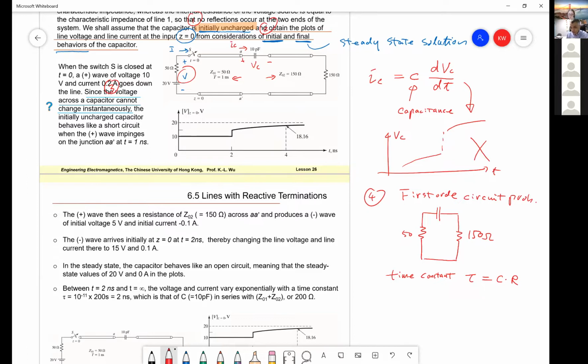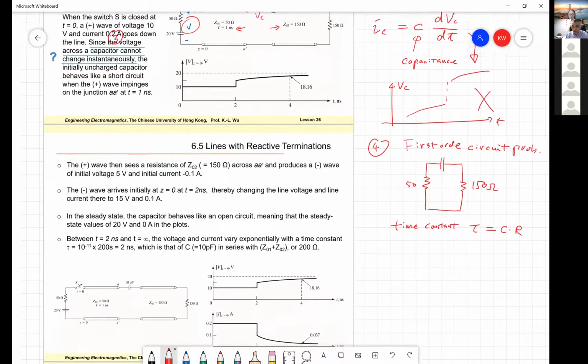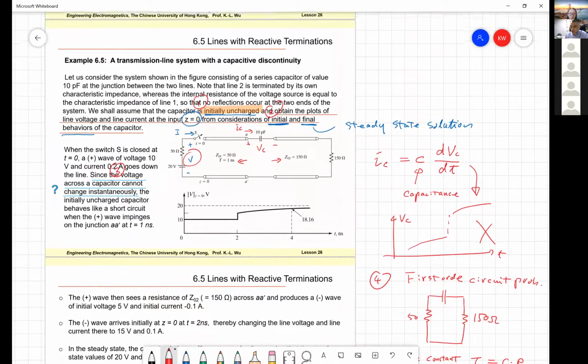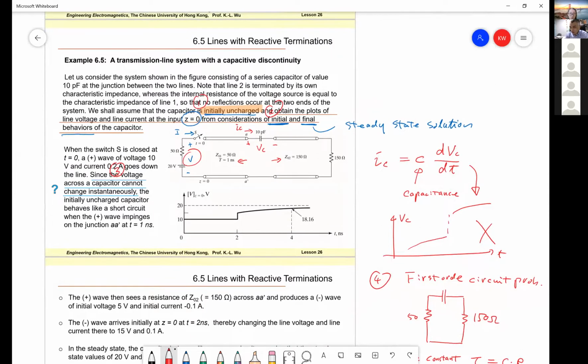Now let's see how we construct the solution. First, let's find the initial voltage. The initial voltage is once the switch is on. Once the switch is on, the battery is connected, and what you can say is only 50 ohm.